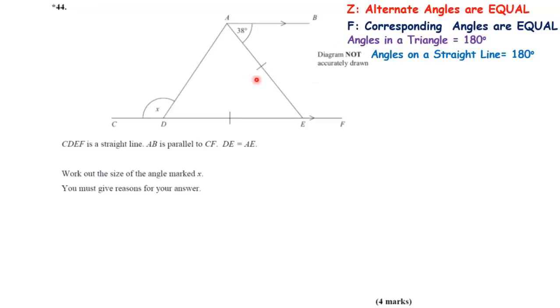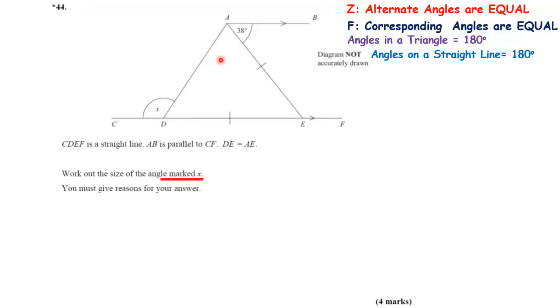So first of all, when we look at this question, try to identify the Z shape or the F shape that you want to work with. And in this case, I want to work out X over there. To work out X, it would be useful to know this angle here. This is an isosceles triangle, so the base angles are equal. Now the base of this isosceles triangle is down here.